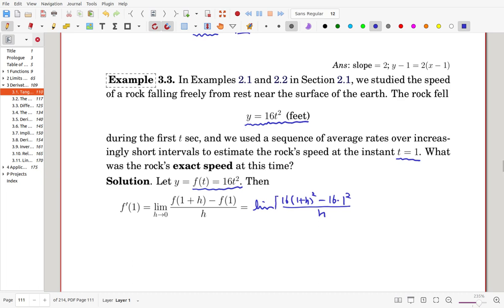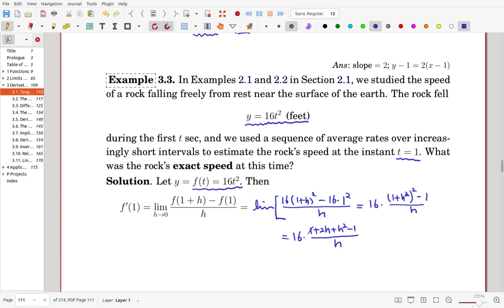Okay. If we focus on this quotient only, then 16 is common, so you can put 16 in front, and then that is (1 plus h) squared minus 1, divided by h. So that is the same as 16 times, and oops, that square must be here, the numerator: 1 plus 2h plus h squared minus 1, divided by h.